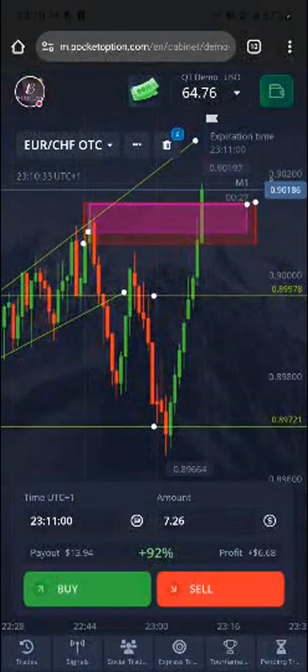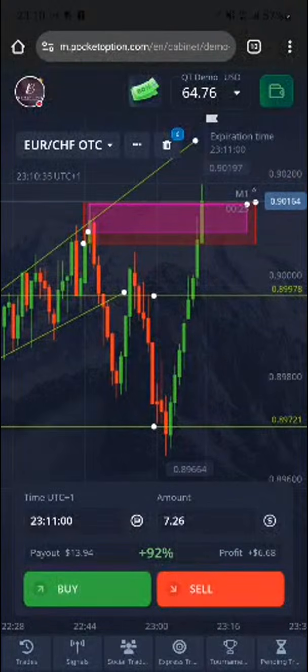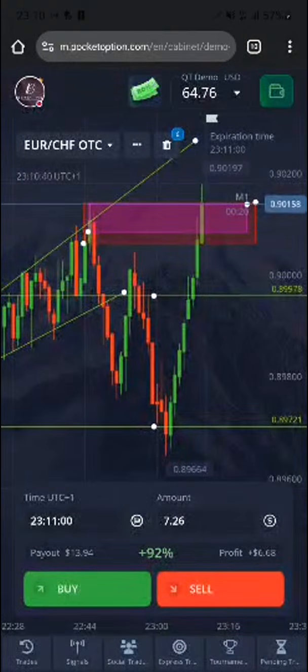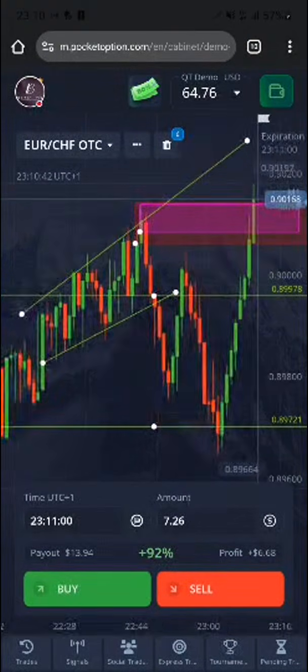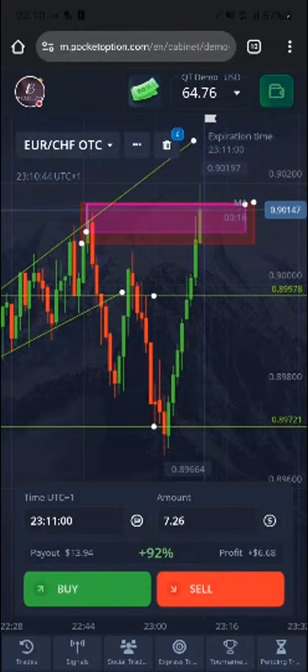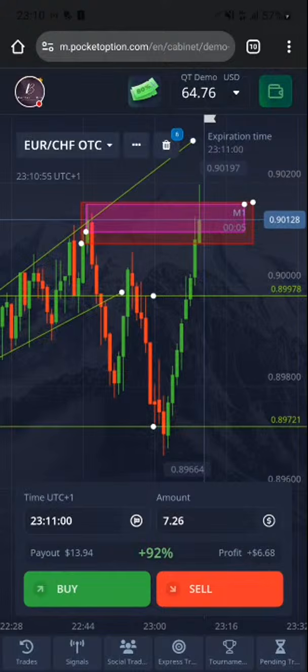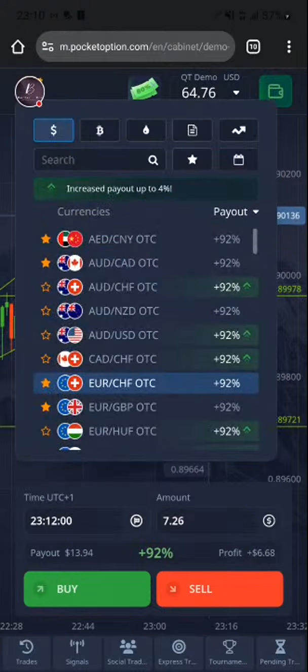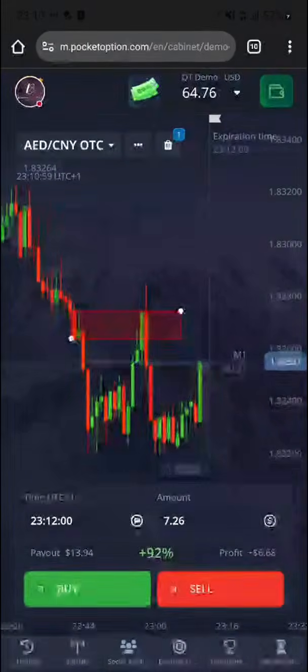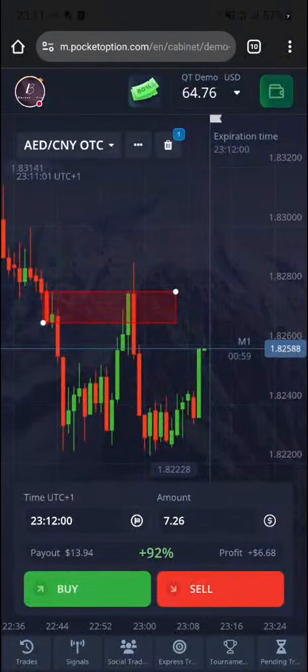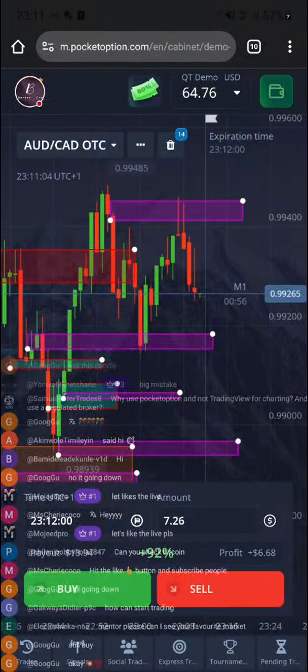You don't know how strong this is or how many buyers and sellers we have here. They may actually push the price down and just turn around from there. Supply areas are very, very strong, but at least they are predictable to an extent, unlike momentums that are not predictable at all. So that's the reason why you have to always take your own trades, regardless of how the market is.